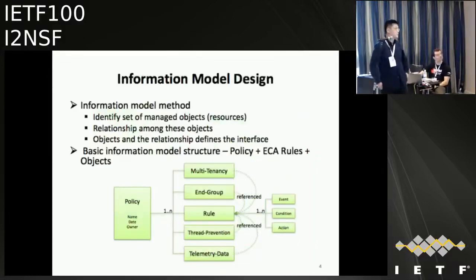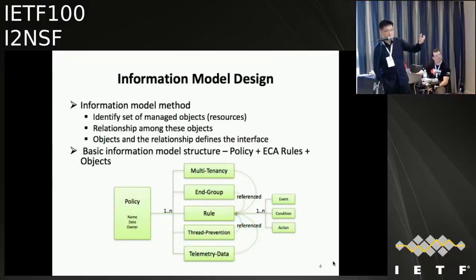Next page, please. Okay, so that is the current structure of the customer-facing interfaces model. We have a policy, and the policy has several rules, and we have other common objects defined there that can be referenced by the rule.